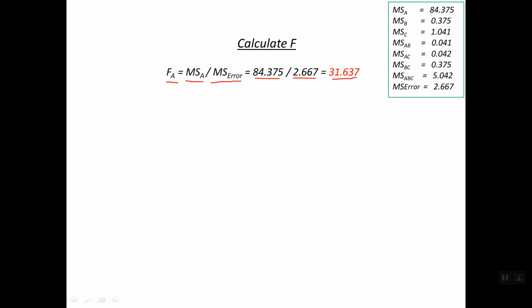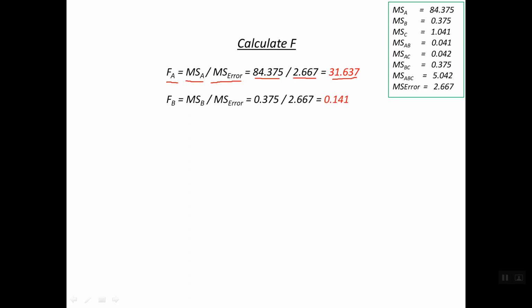And this is the value of F for factor A. Notice that the value of F for factor A is significantly great, so the chance to reject the null hypothesis is very big.